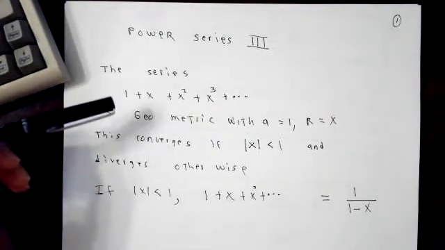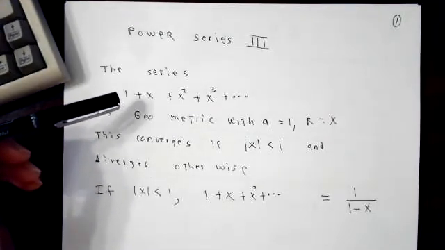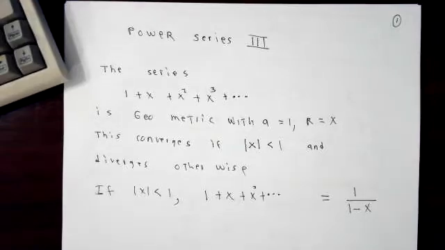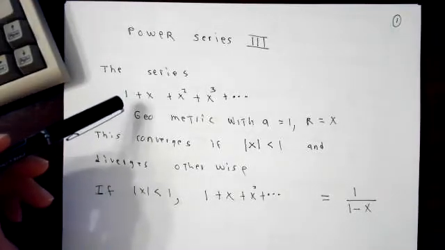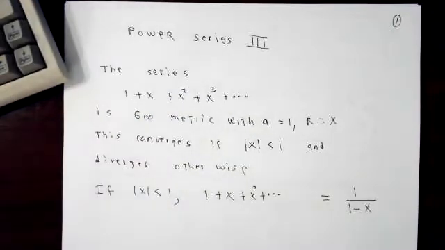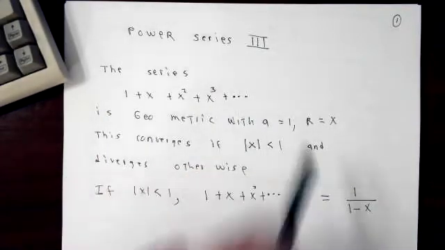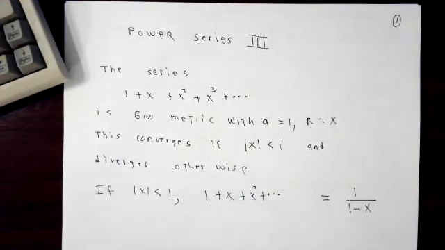The first term, the a, would be 1, and the number that you multiply a term by to get the next term is x. So it costs me nothing to say this infinite series converges if absolute value of x is less than 1 and diverges otherwise. I don't even need to check the endpoints because of what we know about geometric series.